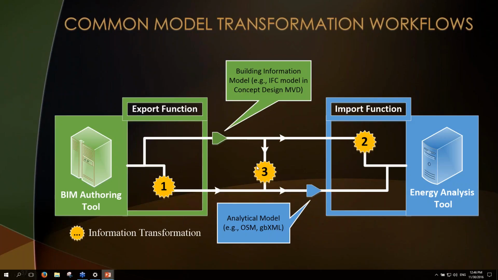And the other approach could be getting information from BIM authoring tools and interpreting an energy analysis model outside of BIM authoring tools and energy analysis tools. So doing interpretation outside of these, and then exporting the model, and then importing the model into an energy analysis model. With that, you can connect a wide variety of tools.